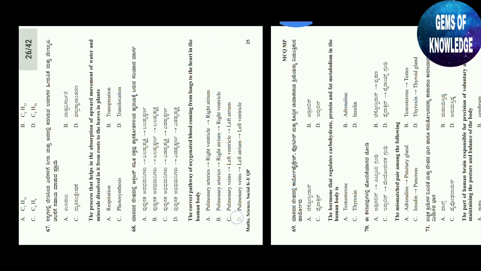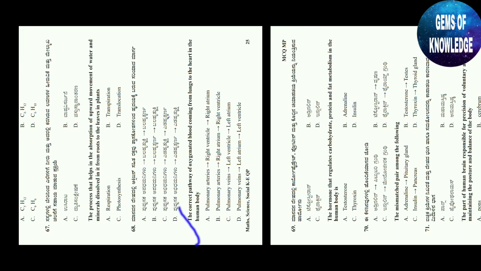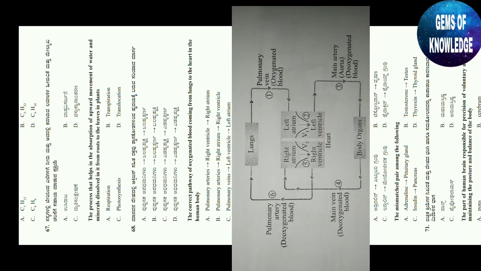Next, the 68th one. The correct pathway of oxygenated blood coming from the lungs to the heart in the human body. So here the question is, what is the correct pathway of how the blood passes using these three parts. Using these three parts we have to show how the blood will circulate. I'll try to insert a picture over here so you can see how the blood is passing.